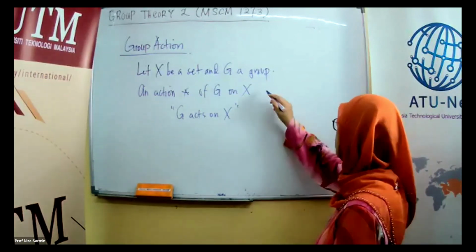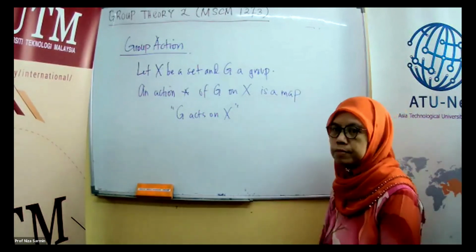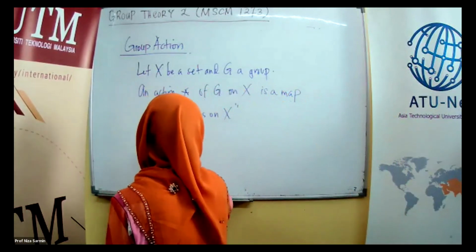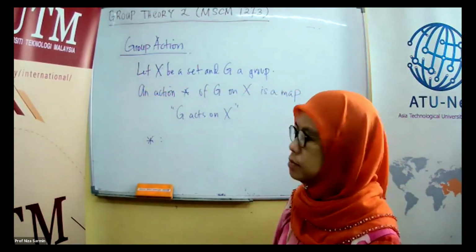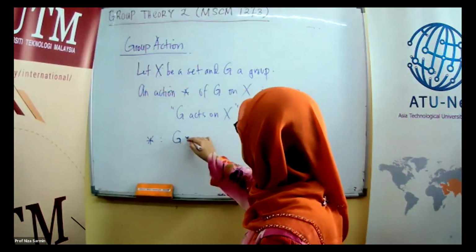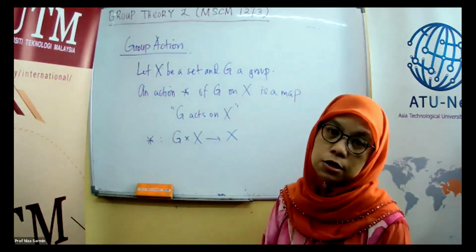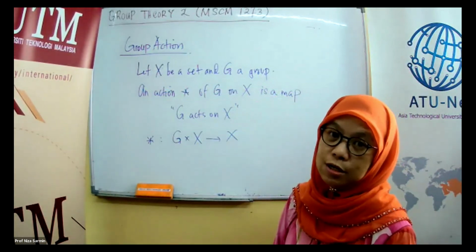It's a map from G cross X to X. Just now we have G cross G to G, right?